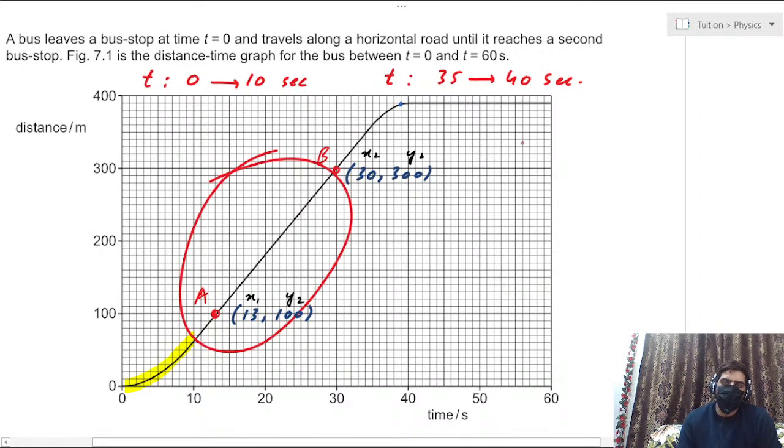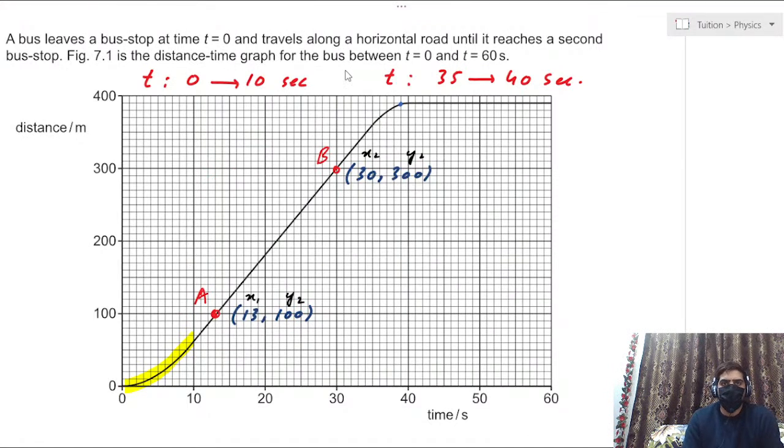Air resistance would have increased from 0 to the maximum point, let's say 30 newtons, where it now balances the driving force. After that the driving force starts to decrease, and air resistance eventually decreases as well. So you can mark over here.